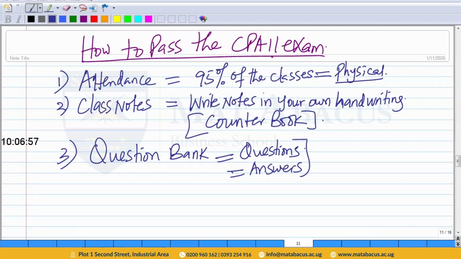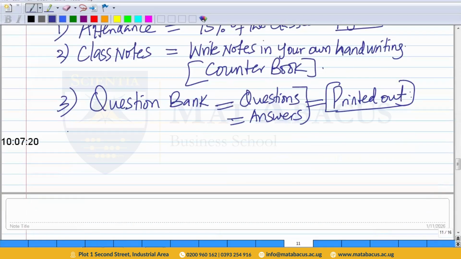They are just getting questions online, because you can pick these questions on the website, on the portal for iSPAL. But I want you to have the one which is printed out. There are those that are printed out. They are sold. You can pick one. It is not very expensive for you to have this past paper.